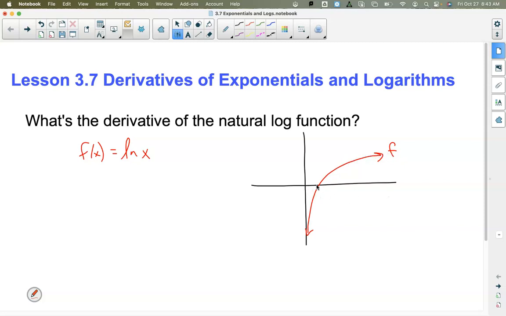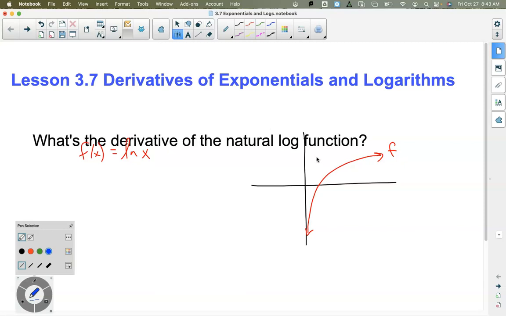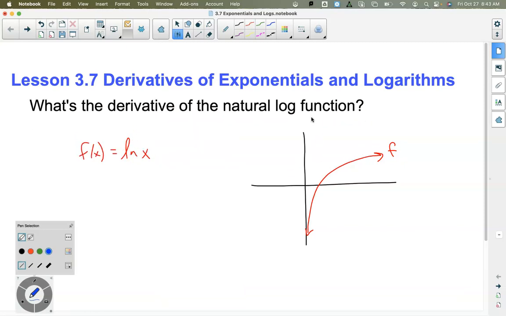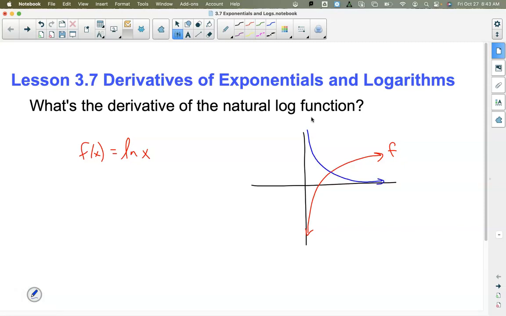So I'm expecting a horizontal asymptote at y equals 0 for the derivative, a vertical asymptote at x equals 0. Okay? And of course, the derivative shouldn't exist on the left side. So I'm expecting f prime to look something like that.